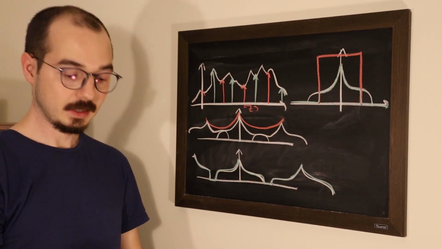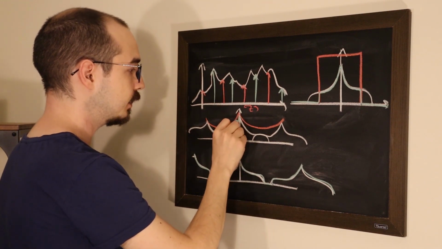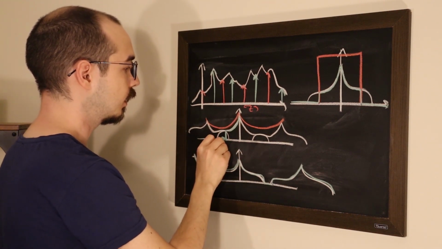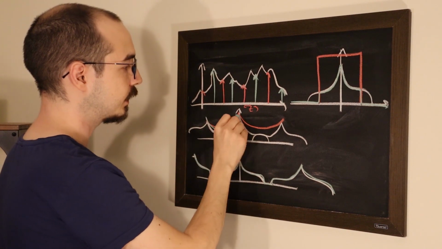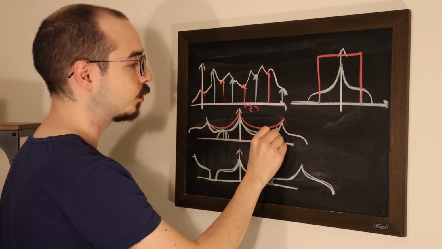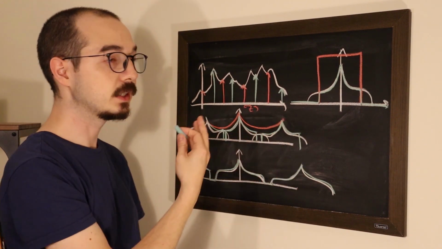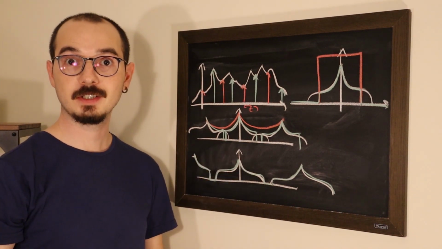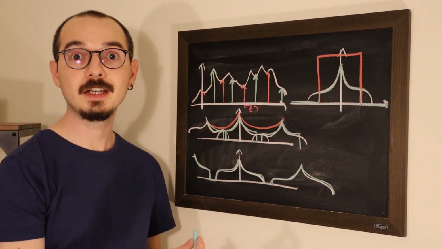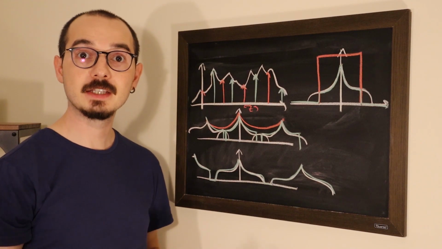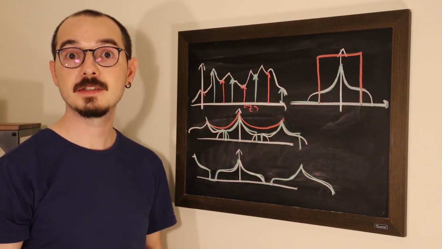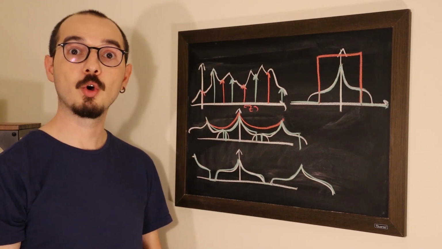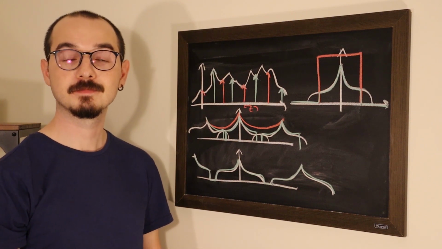And when it is like that, when we repeat this signal with a smaller sampling frequency, it will stop colliding on top of each other. And this is called anti-aliasing. Anti-aliasing is as simple as applying a low-pass filter before sampling or resampling a signal.